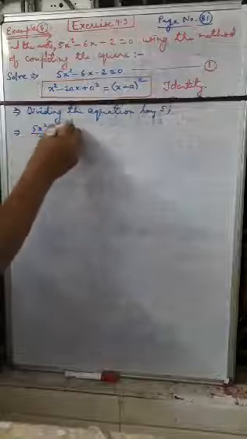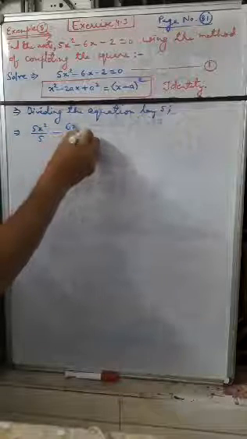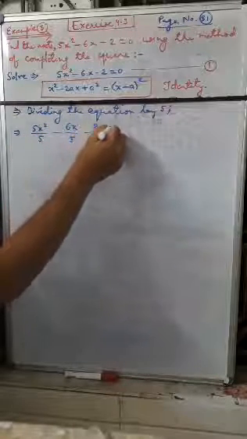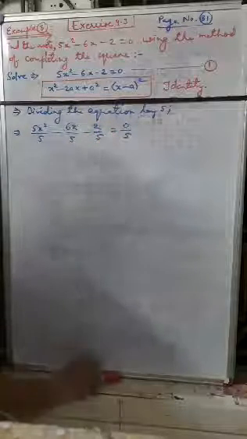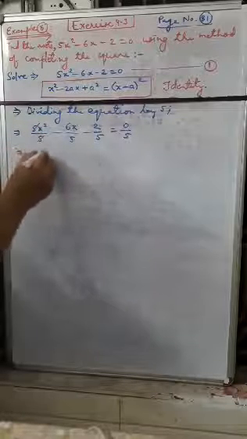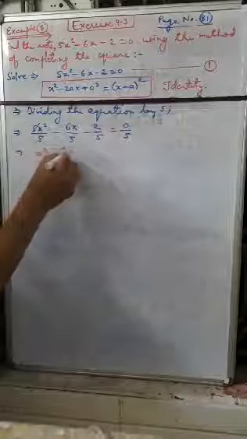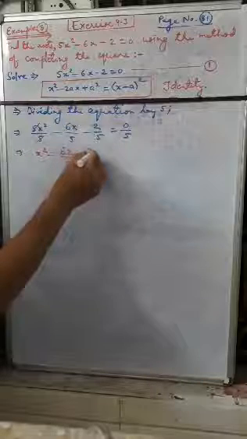So 5x square upon 5 minus 6x upon 5 minus 2 upon 5 is equal to 0 by 5. Now 5 can be cut by 5, and we will get here x square minus 6x by 5 minus 2 by 5 is equal to 0.